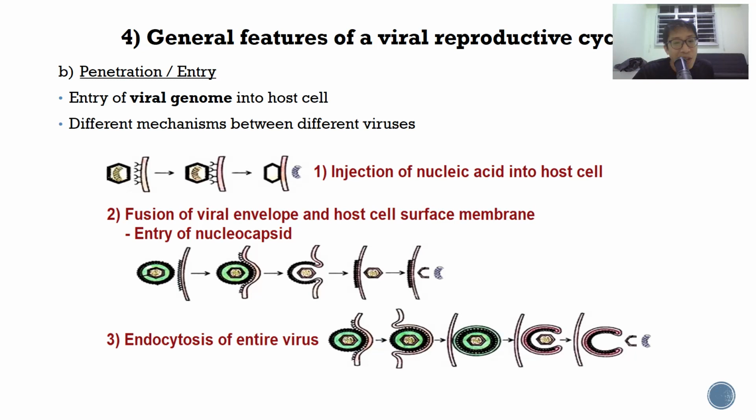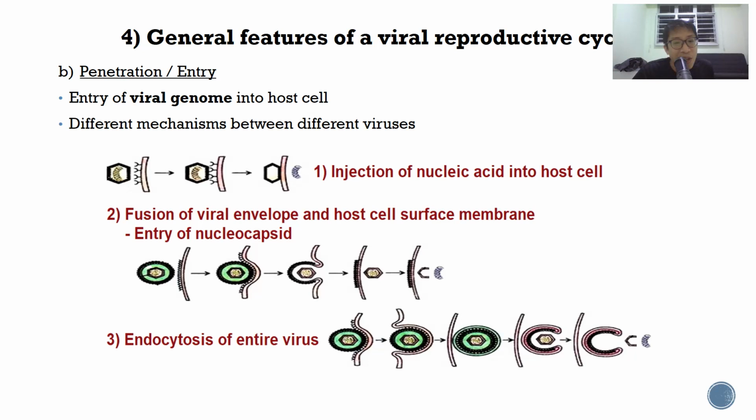You will learn about 3 different mechanisms later when we look at the examples of the individual viruses. I'll explain the mechanisms when we come across the actual example of the virus. For now, you can just take a look at these 3.